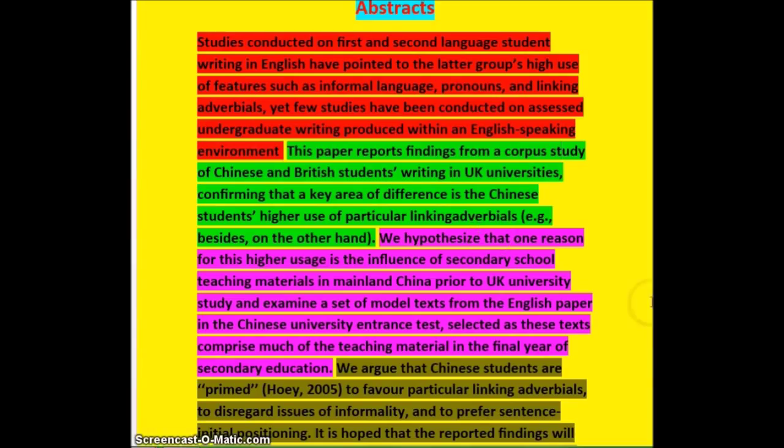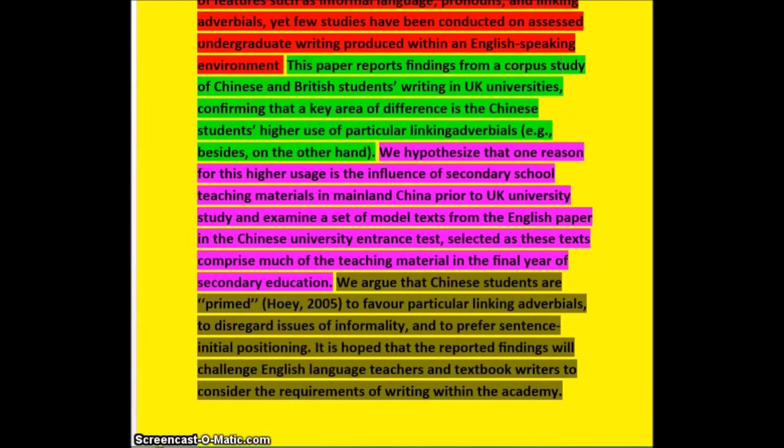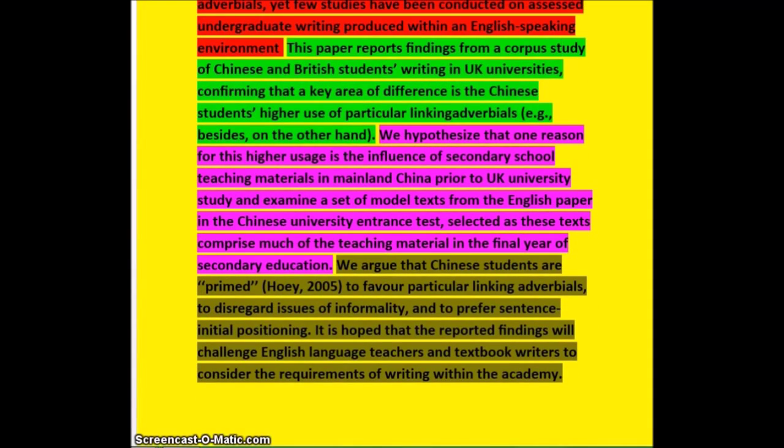And then the final 2 sentences are both what we call informative sentences. And the final sentence, we argue that Chinese students are primed to favor particular linking adverbials, and so this is their main conclusion. So again, their summary goes through a brief outline of their paper.